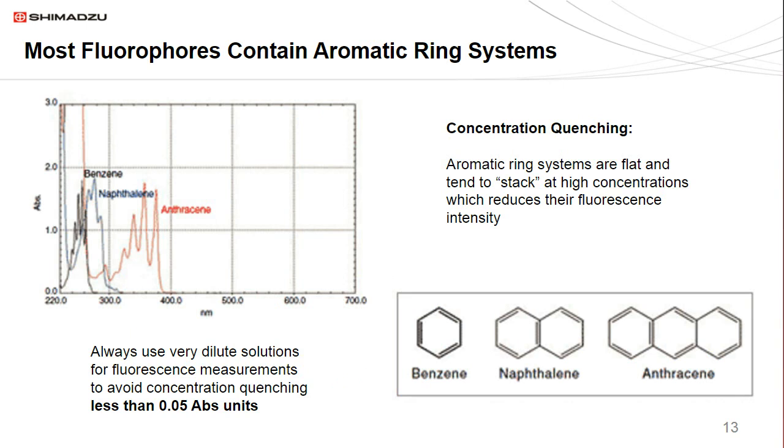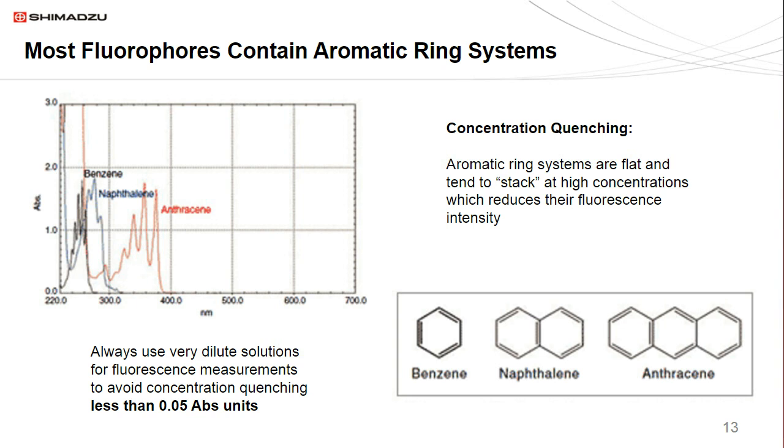Now, most typical fluorescent compounds contain a benzene ring. In many cases, it's a fused benzene ring. And this brings us to something that's unique to these types of fused benzene ring systems. They have a tendency to stack at high concentrations and lead to what's called concentration quenching. In other words, flat rings, when you get them concentrated enough, tend to aggregate together in large stacks of the planar systems.